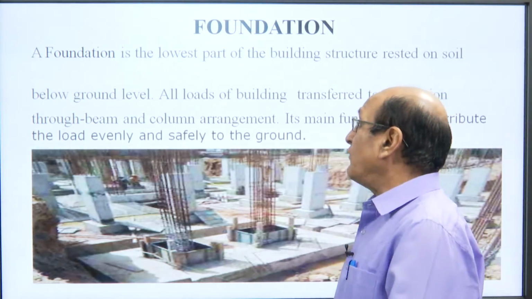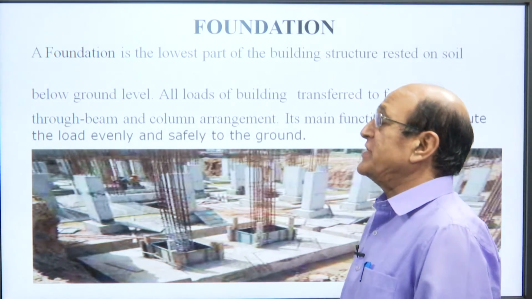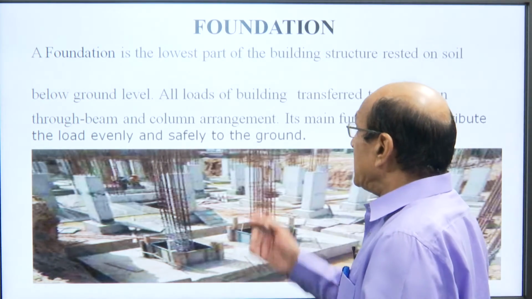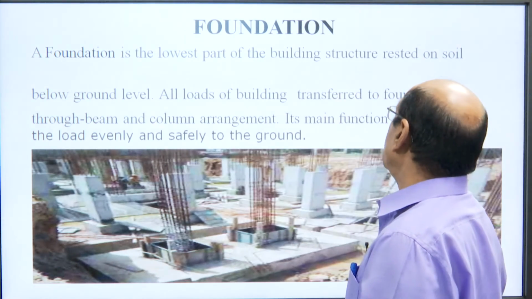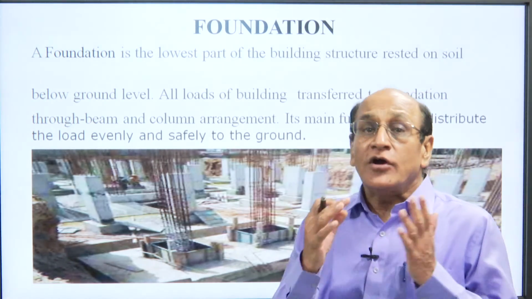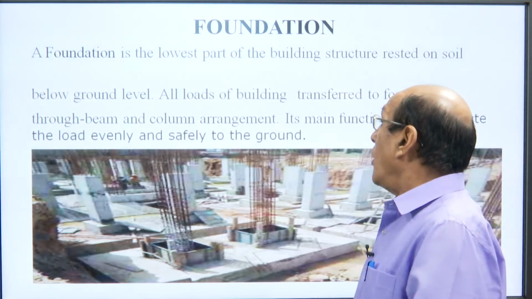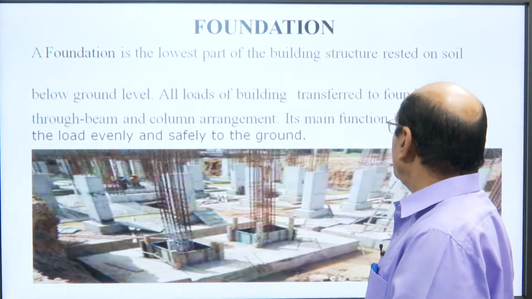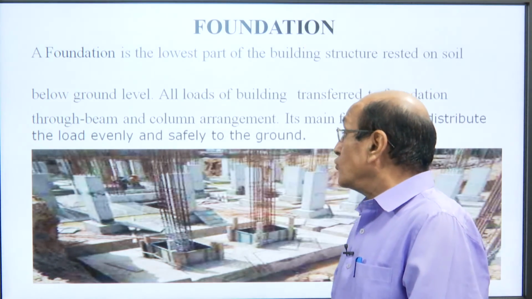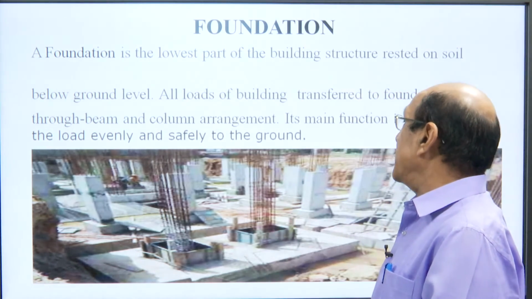Now, we will discuss one by one. First is foundation. A foundation is the lowest part of the building structure, rested on soil below the ground level. All loads of the building transfer to the foundation through beams and column arrangement.